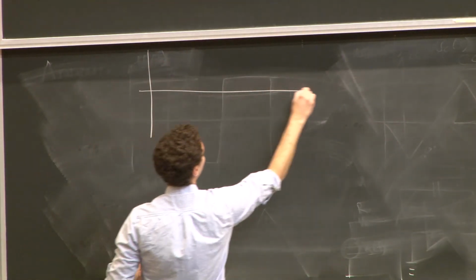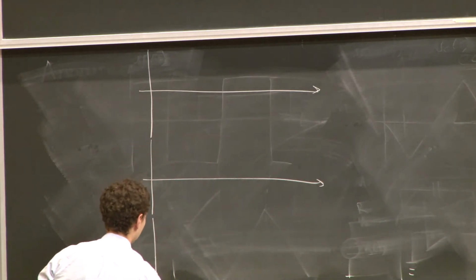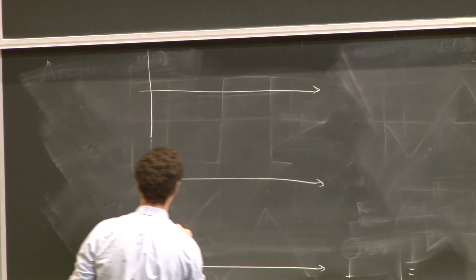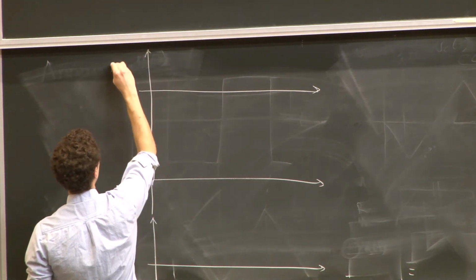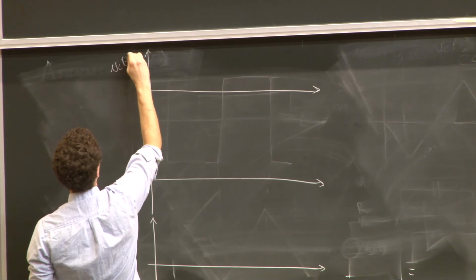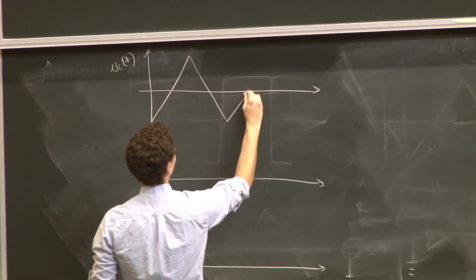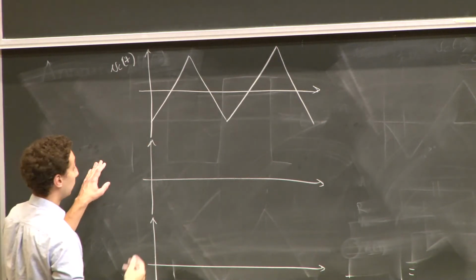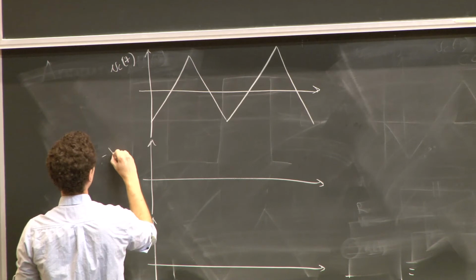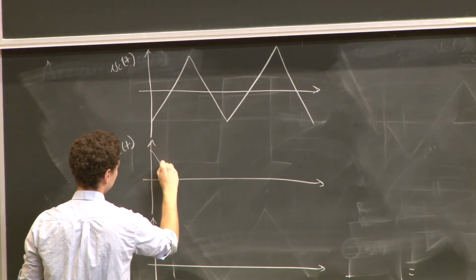So this could be, we want our Vc of t to look something like this, right? We also want minus Vc of t to look like this.